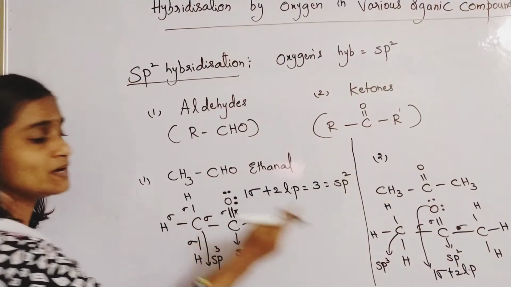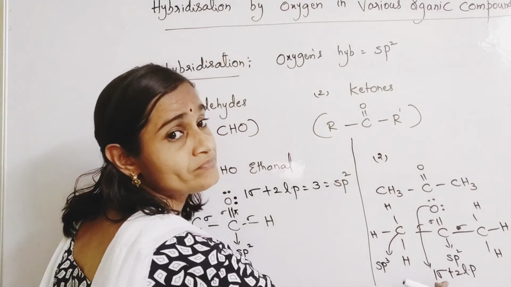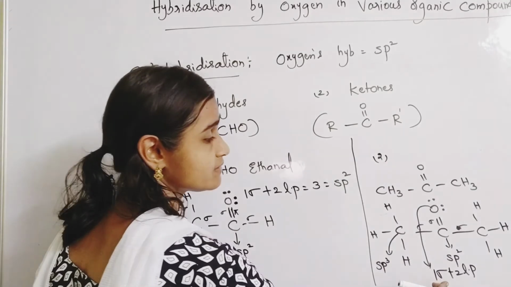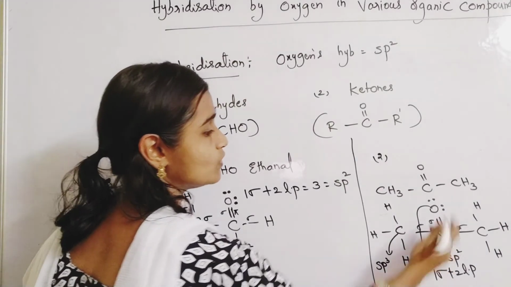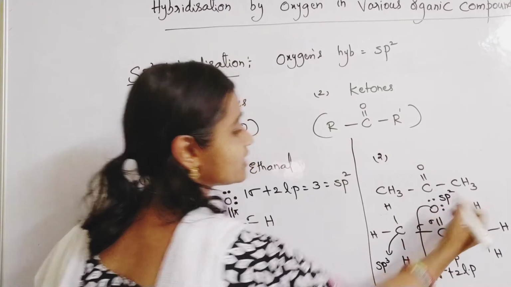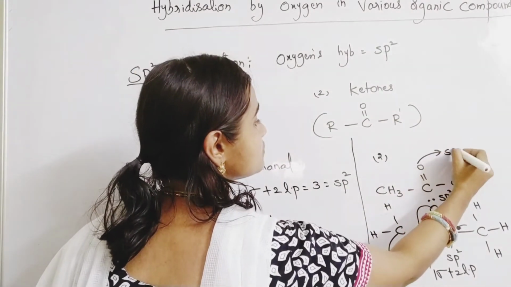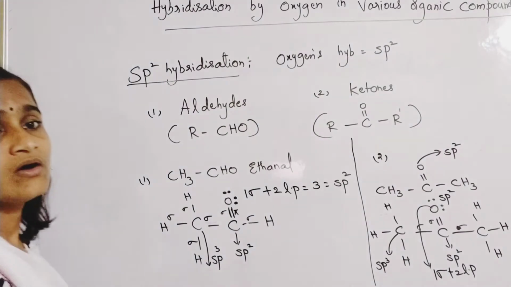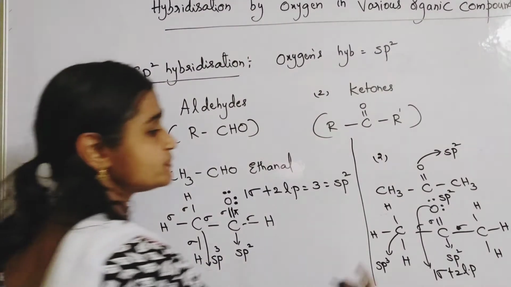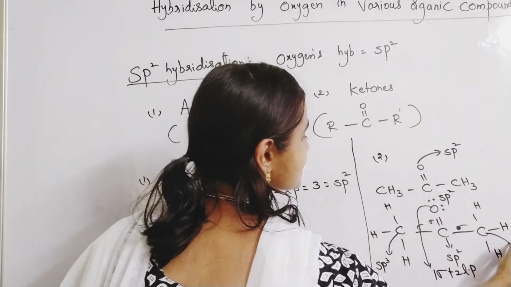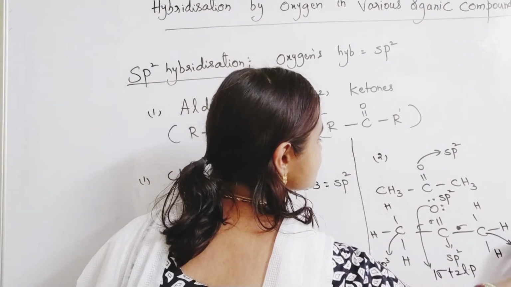So oxygen is undergoing what? sp2 hybridization, and this carbon having 4 sigma bonds is sp3.